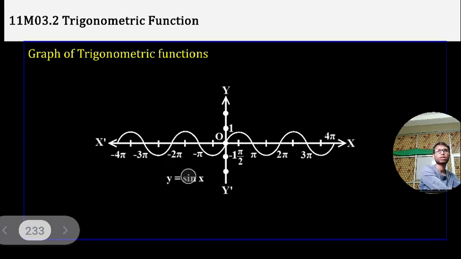This is 2 pi, from here to here this is 180 degrees, and from here to here another 180 degrees, that is 360 degrees.